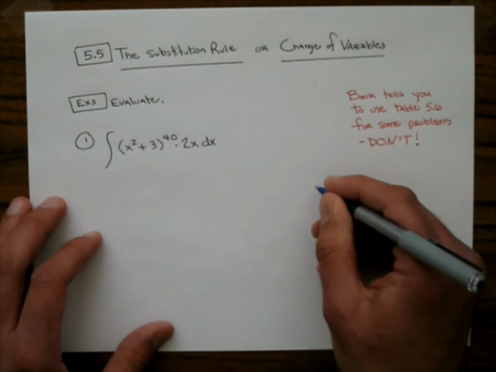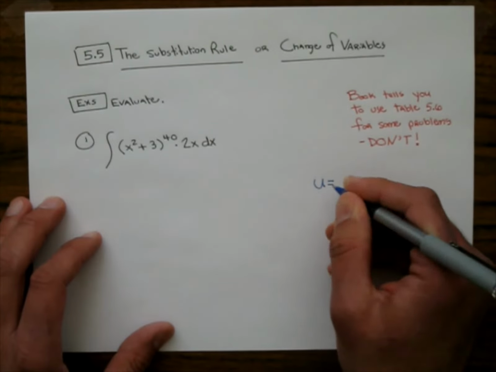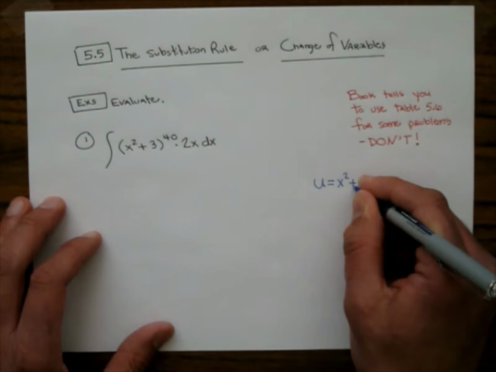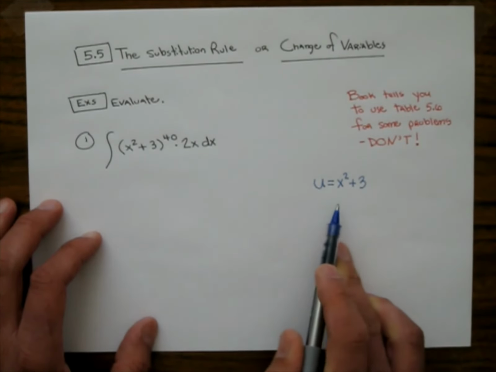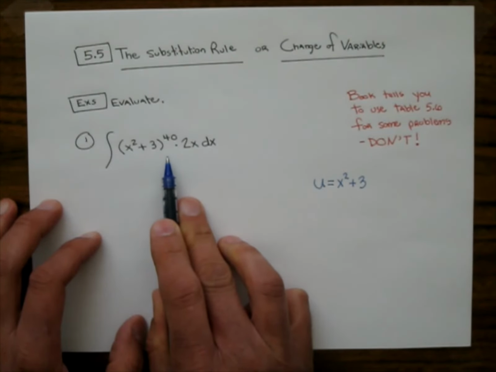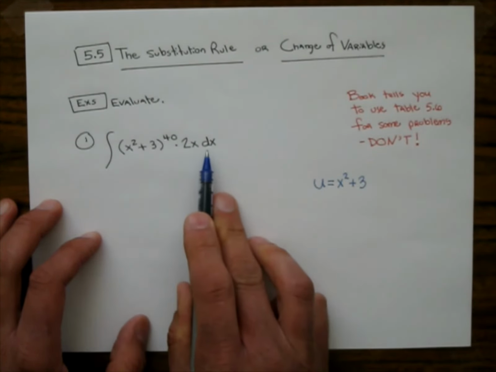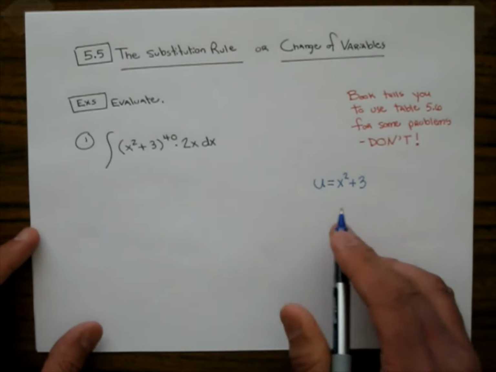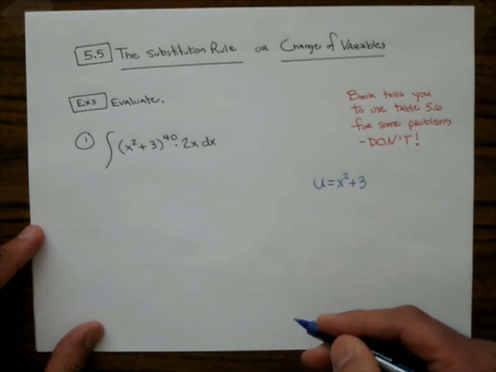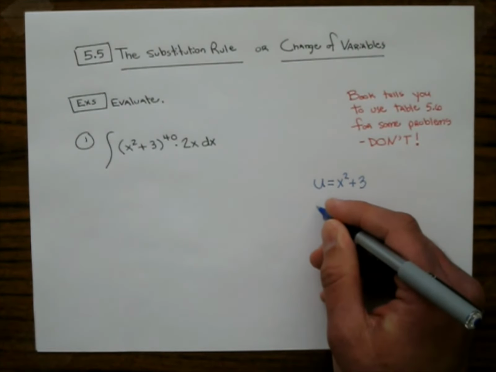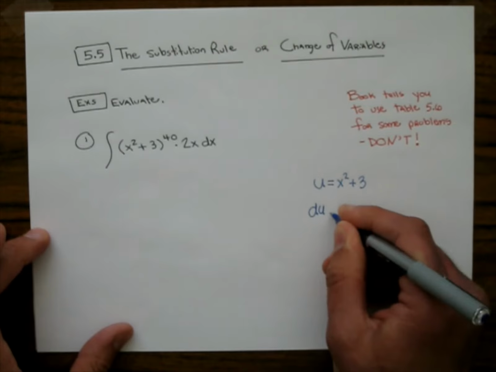Okay, so u equals x squared plus 3. So that's what we're going to do. We're going to trade out all of our x's for u's. Now, I have a dx there, and I want to not have a dx there. So what I'm going to do is take the derivative on both sides, and I'm going to use differentials. So the derivative of u is du.